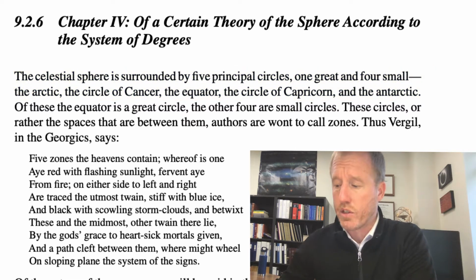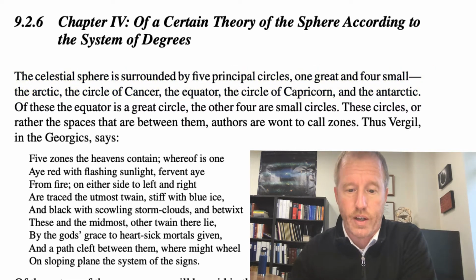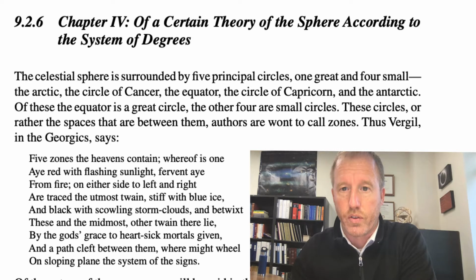He's talking specifically about the circles that are horizontal circles. So if I were to draw the celestial sphere like this, he is talking about the specific locations of these.